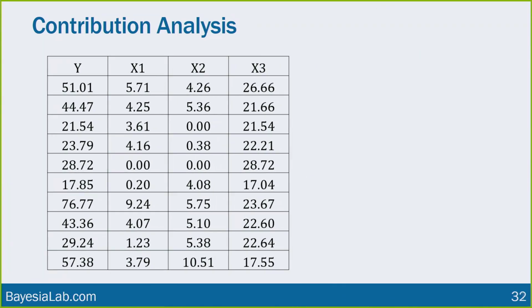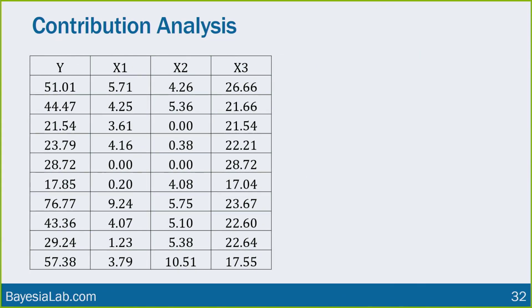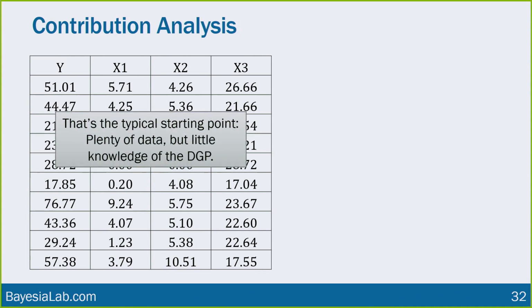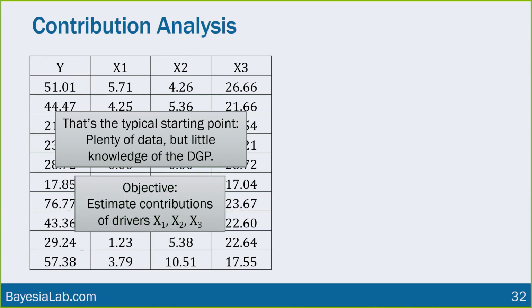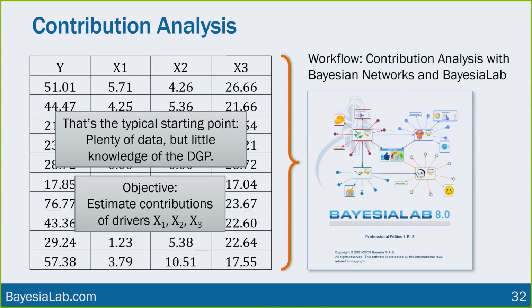So we're now taking this data set, and this is actually a very typical starting point, with plenty of data but little knowledge of the data generating process. Our objective now is, based on the data, to estimate the contributions of the drivers x1, x2, x3. And we want to do this entire contribution analysis with Bayesian networks and with our software BayesiaLab.